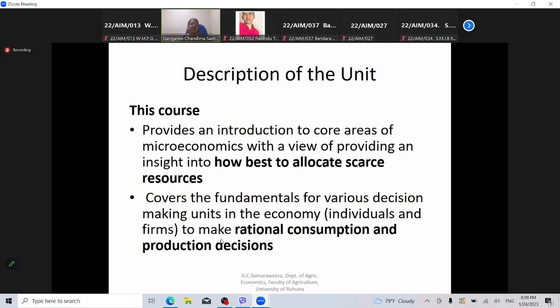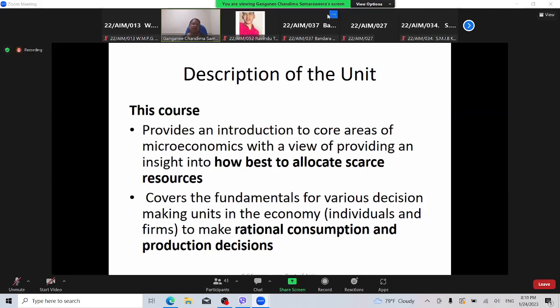Then it covers fundamentals for various decision-making units, because in our society we have different decision-making units. We are going to learn who they are, mainly in microeconomics. Micro, I think the name implies the meaning, no? Small, micro. Micro car, okay, so I think you know the meaning of micro.